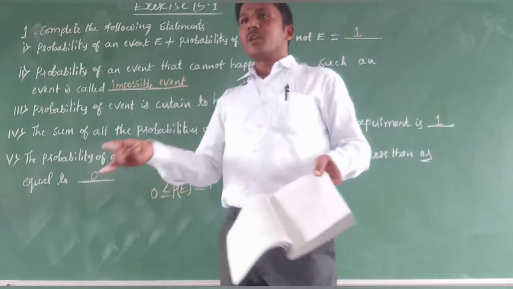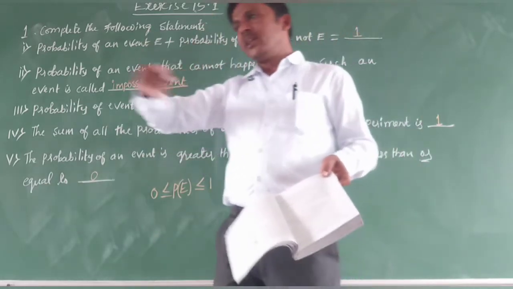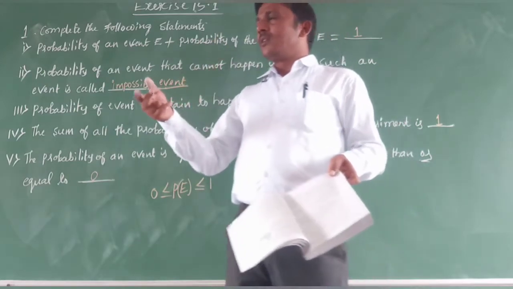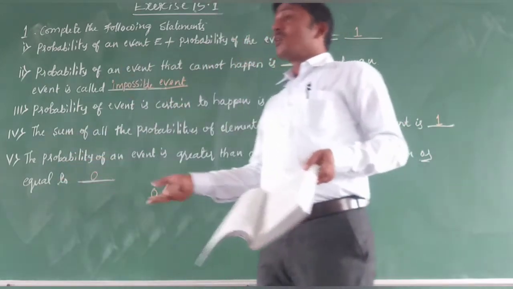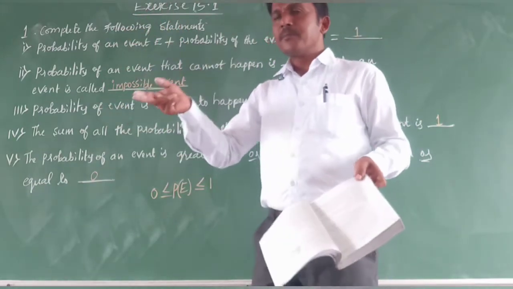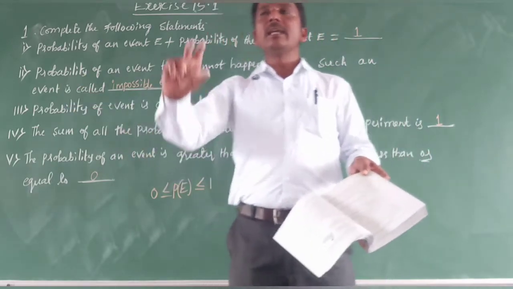One more student may get 5 and 5, or 7 and 3. It may change. If you increase the number of experiments, like 50 times, 100 times, 1000 times, the outcomes become equally likely, meaning equally the same.